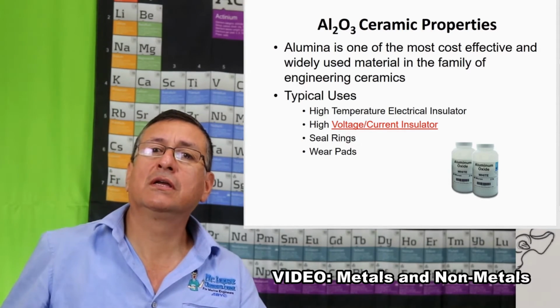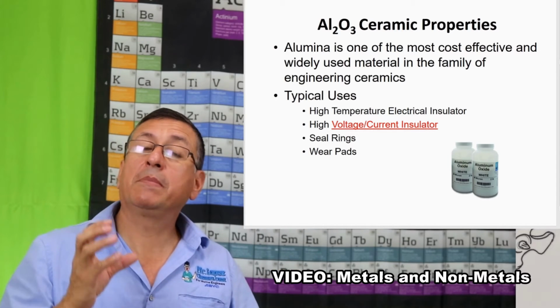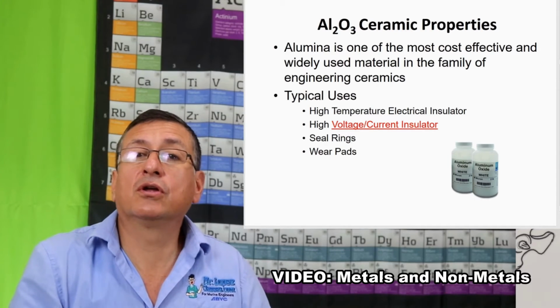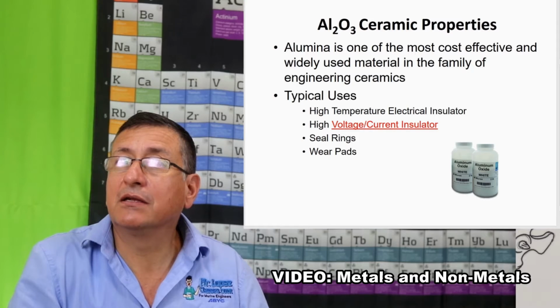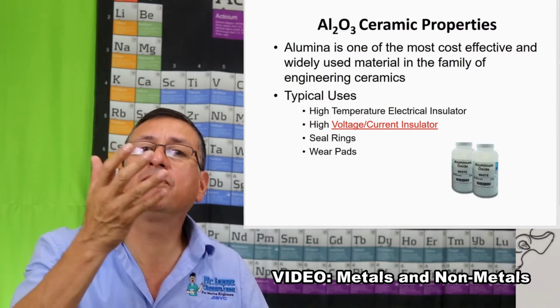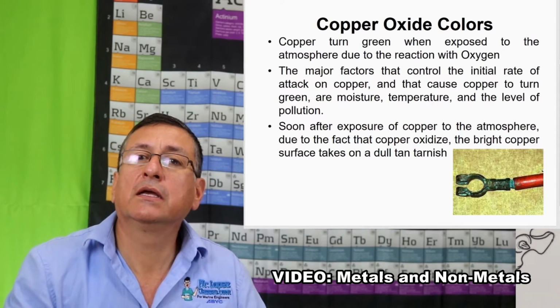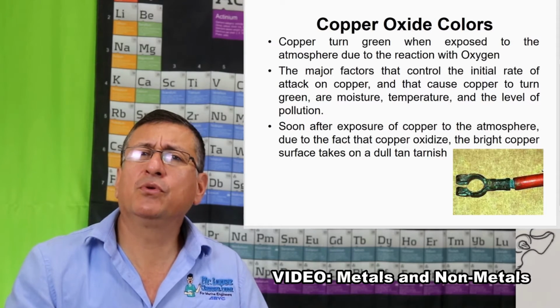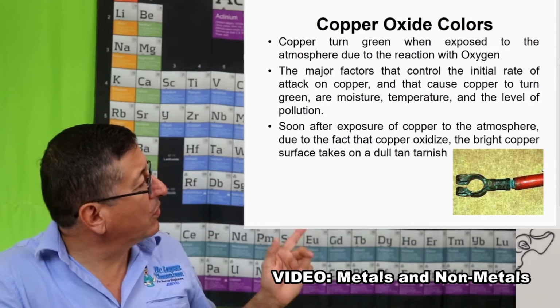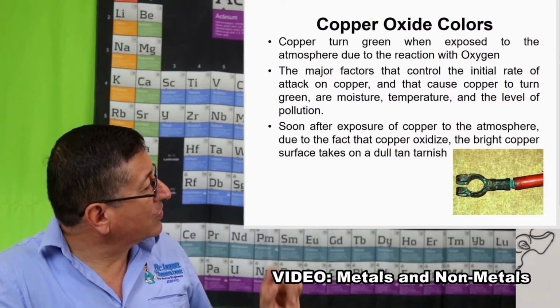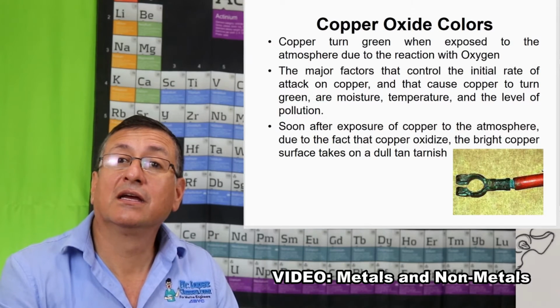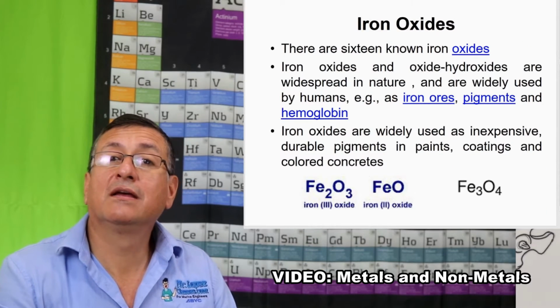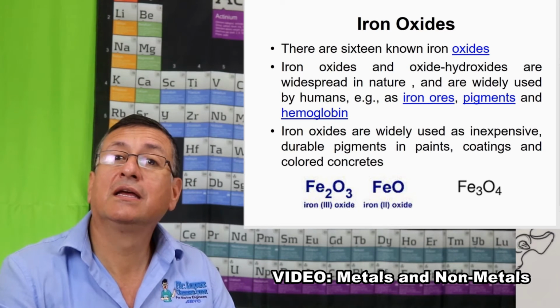It's incredible, no? The metal by itself is a perfect conductor, but when the metal is attacked by oxygen, it produces ceramics, the powder, in different colors depending on the metal. For example, copper produces 3 different types of oxides in 3 different colors. This is a ferrous oxide, a ferric oxide.